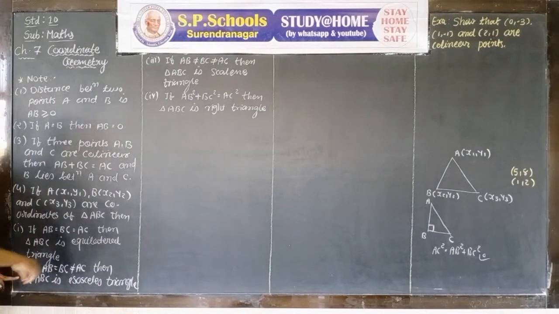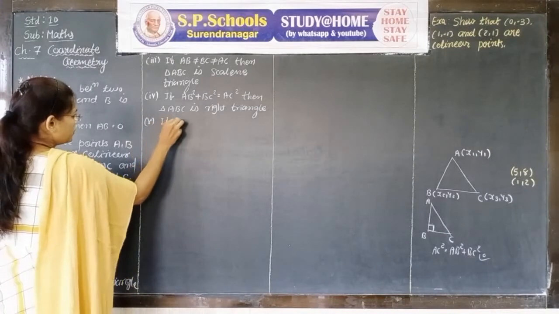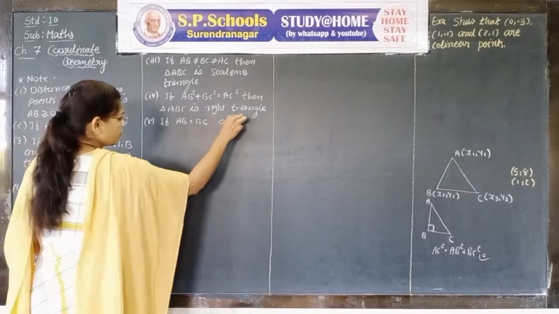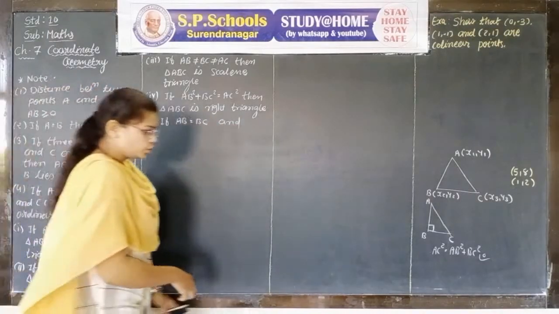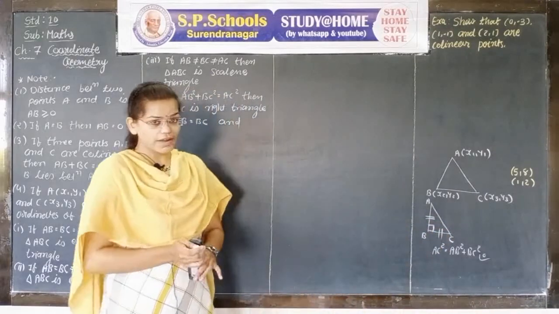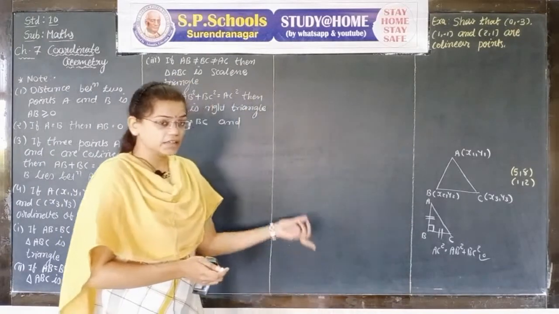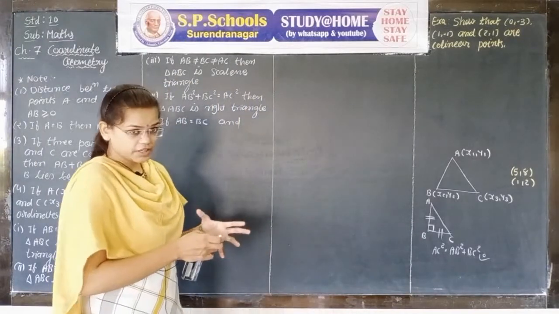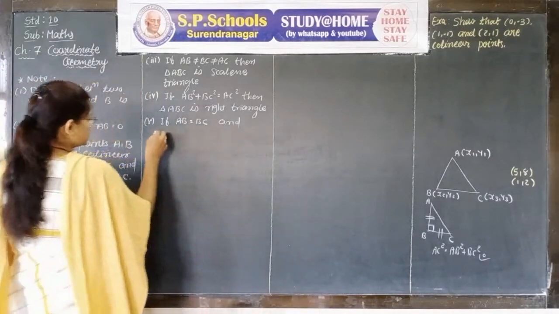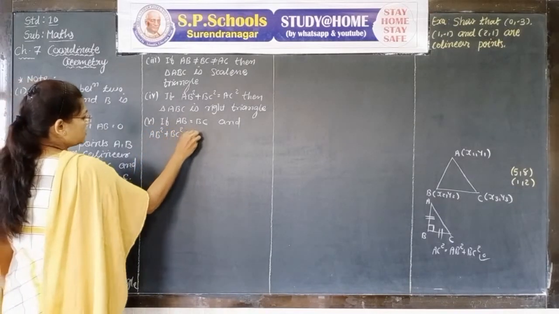One is isosceles and a right triangle. Fifth: if AB is equal to BC and the Pythagoras theorem holds. If AB is equal to BC, two sides equal, it is called an isosceles triangle. But also angle B is a right angle, so it is also a right triangle. Mix them up and we get an isosceles right triangle. AB is equal to BC and AB square plus BC square is equal to AC square.